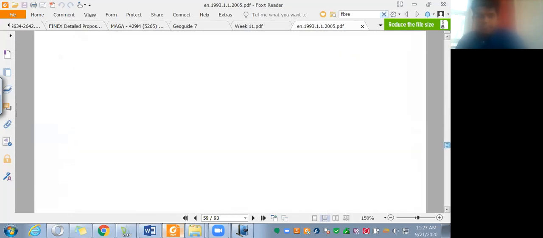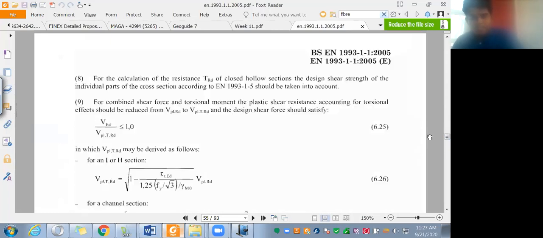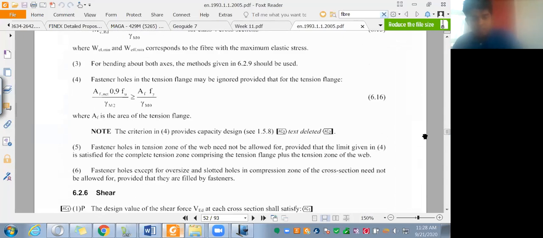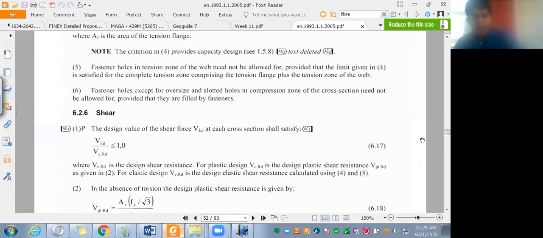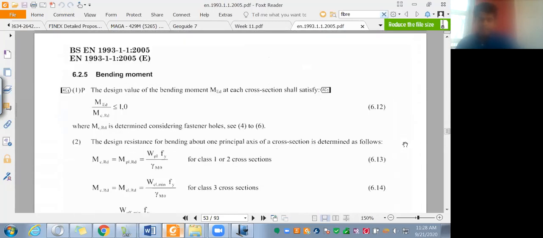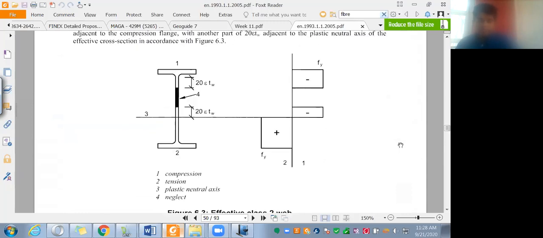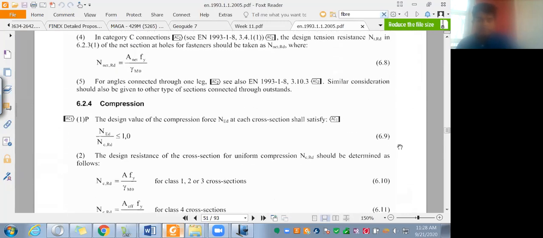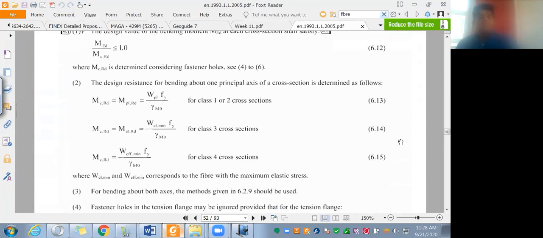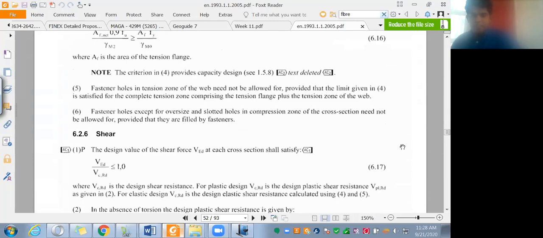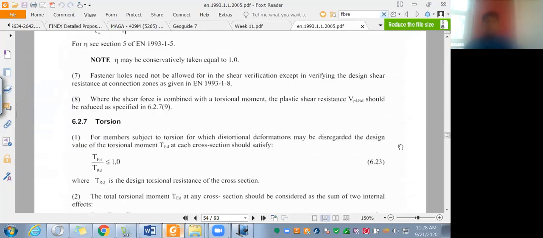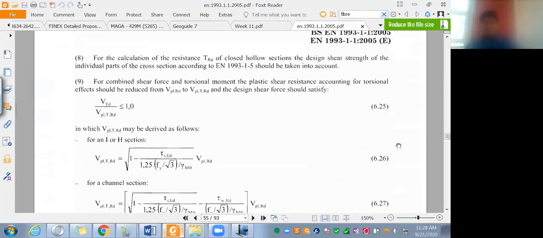So this is our section. So we'll see the lambda bar.